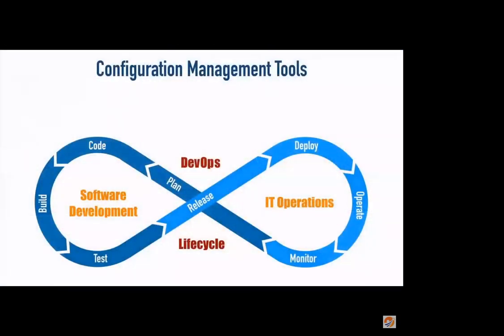In our previous video, when we were talking about the DevOps lifecycle, we said in the deploy phase, we were pushing configurations out to our devices, and we wanted to maintain consistency in our configuration across the devices, and we wanted to have scalability. We didn't want to have to go to each device and one at a time do a configuration.